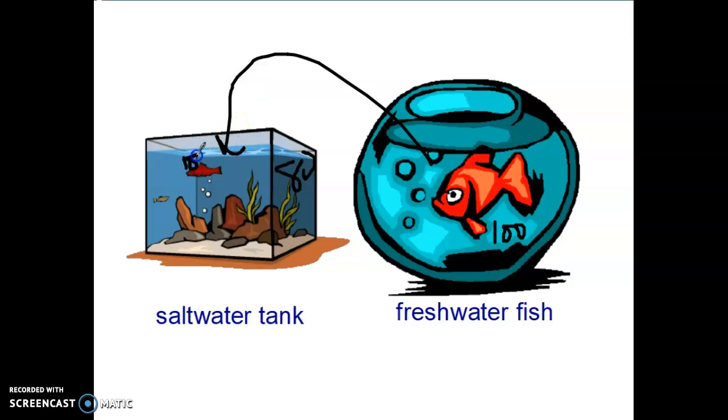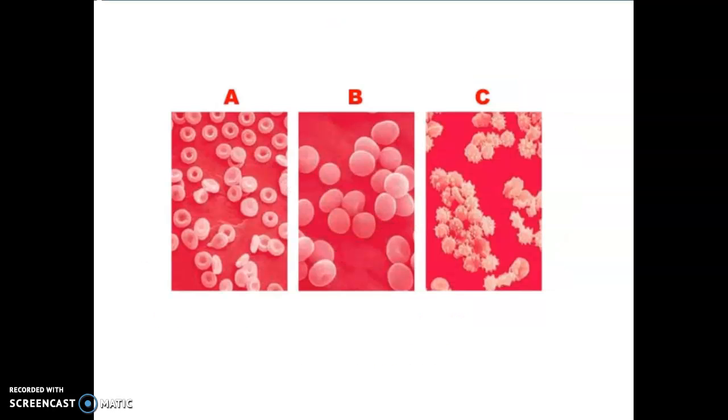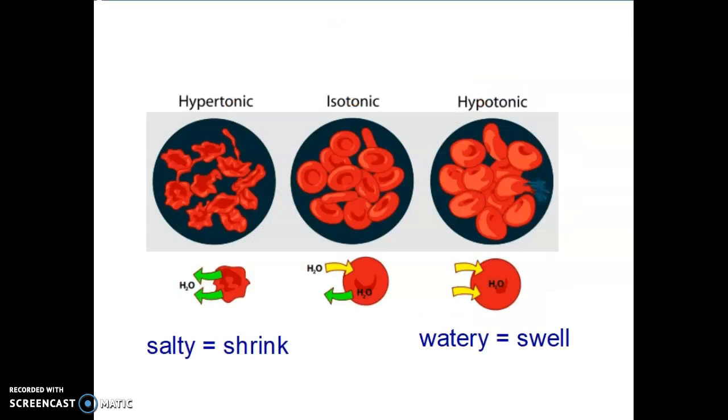Remember, he's used to 100, but now there's 80. This number is bigger than this number, so the water is going to leave his body. Every one of his cells is going to shrink and shrivel up, and then he's going to die. So what I want you to remember is salt shrivels or shrinks, and fresh water makes things swell.